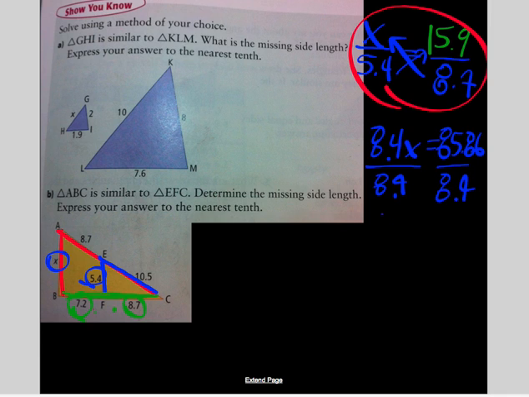So I cross multiply here, and I'm going to go x times 8.4, which is 8.4x, equals, and I'm going to cross multiply that, and let me get my handy dandy calculator out here, 15.9 times 5.4 equals 85.86. Divide both sides by 8.4, and x is going to equal 85.86 divided by 8.4, which is 10.2.